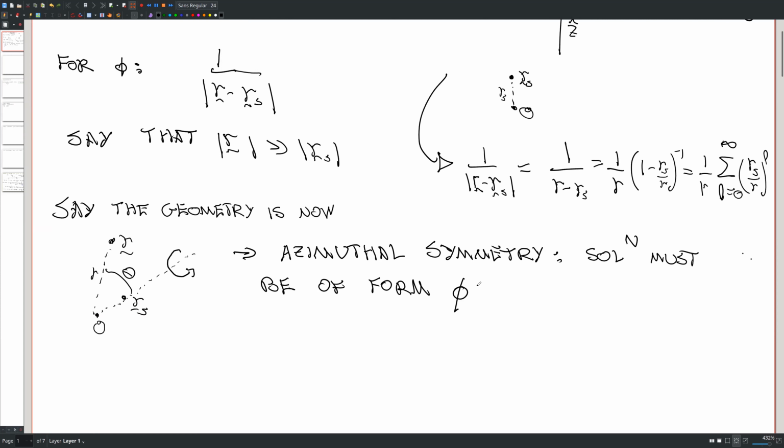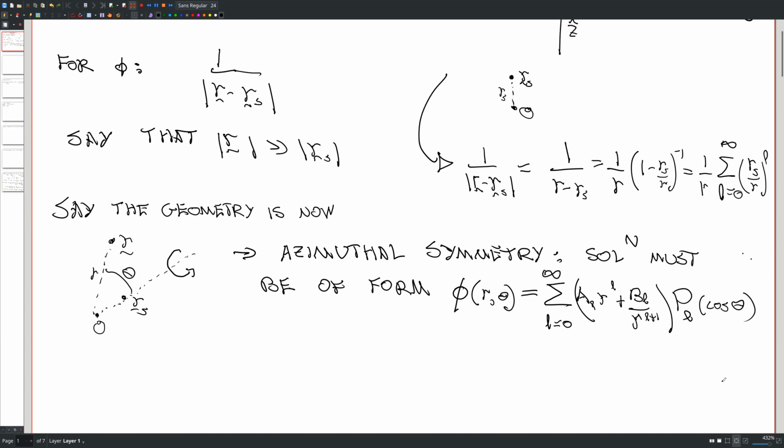So phi of r, theta has to be the summation L equals 0 to infinity of A_L r to the L plus B_L divided by r to the L plus 1, times the Legendre polynomial P_L of cos theta. It has to be like that.